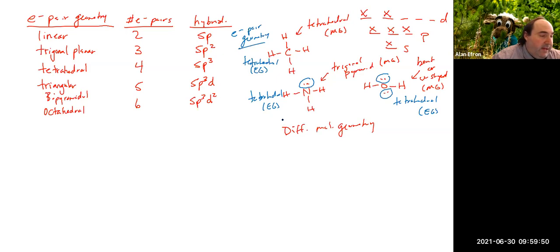And again, those were the hybrid orbitals that, as it went through hybridization, ended up with 2 electrons in them to start with. So again, it accounts for all that. So hybridization is tied to the electron pair geometry, not the molecular geometry. Any questions on that there?